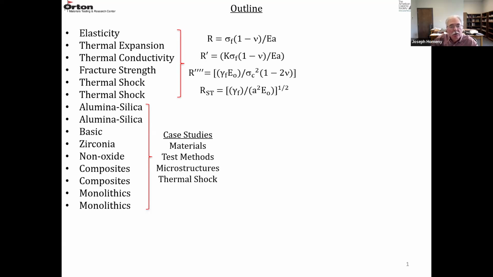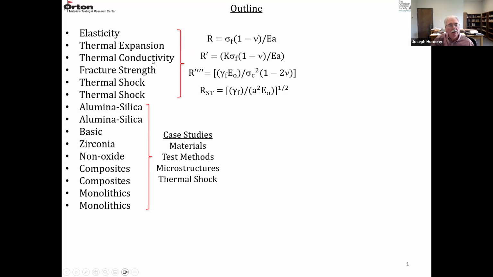So I've shown here some different R parameters that we'll derive later on in this course. And all of these R parameters describe thermal shock behavior. And if you look at these parameters, you'll see an E, that's elastic modulus. An A is thermal expansion.